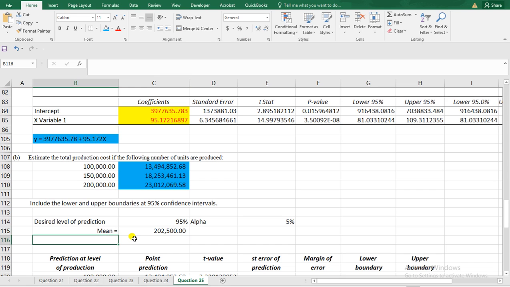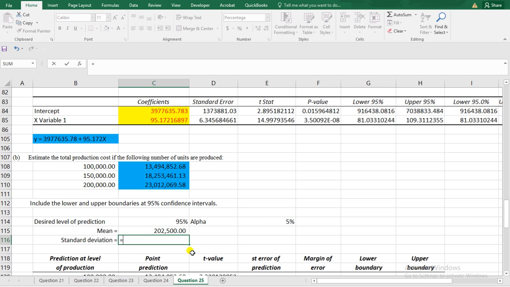What about the standard deviation of x? The beauty with Excel, when you hear standard deviation, you'll be like, Mwalimu, will I remember the formula? This will be easy. So I'll just do equal sign STDEV, standard deviation.